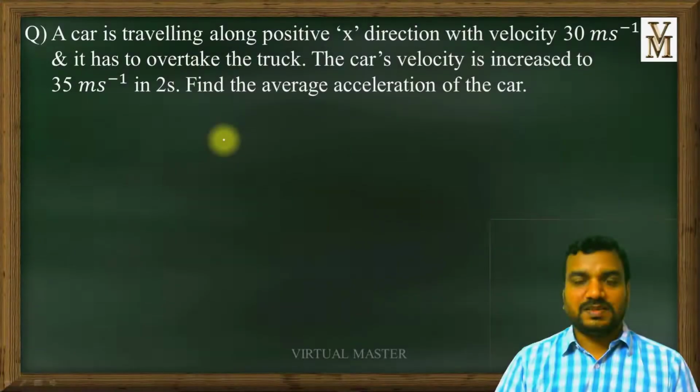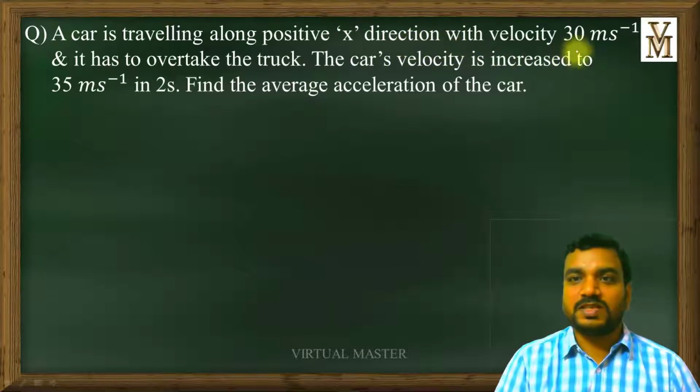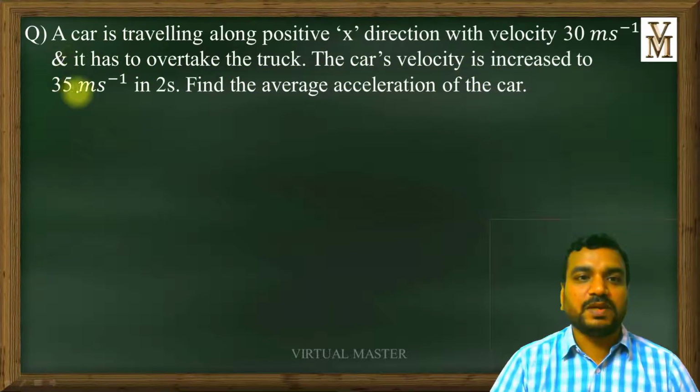Okay. Now our first question is, a car is traveling along the positive x direction with a velocity of 30 meter per second and it has to overtake the truck. The car's velocity is increased to 35 meter per second in 2 seconds. Find the average acceleration of the car. So what is given here?